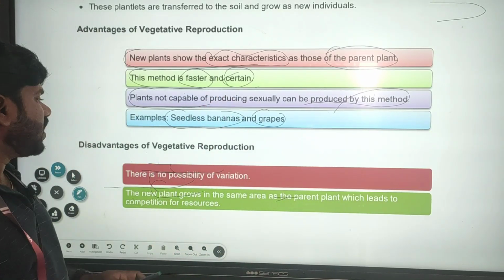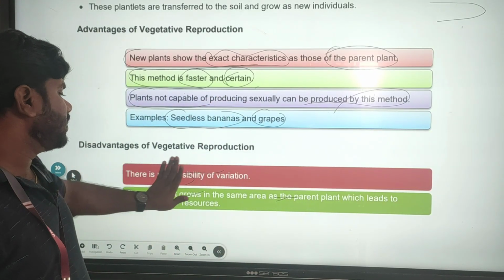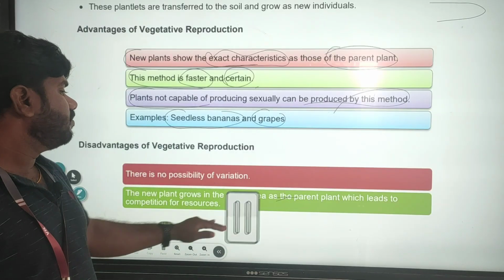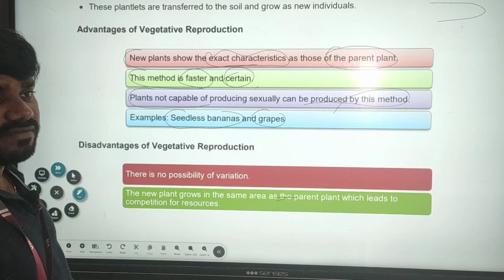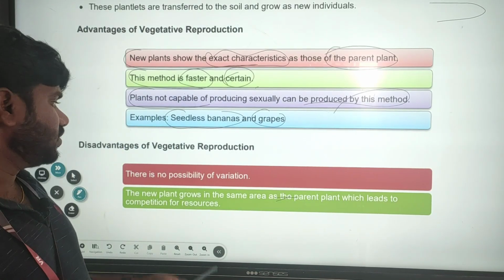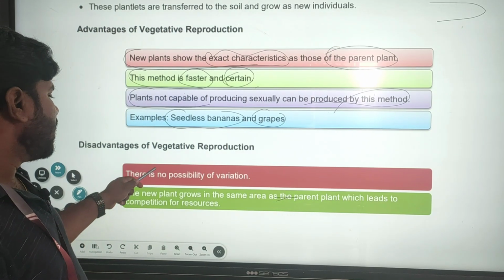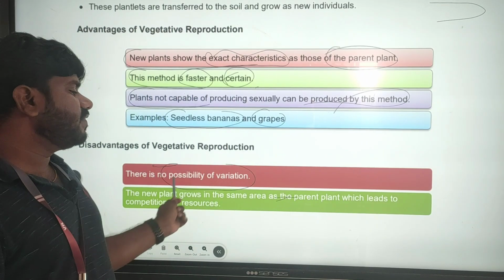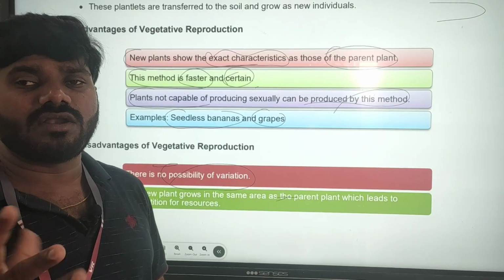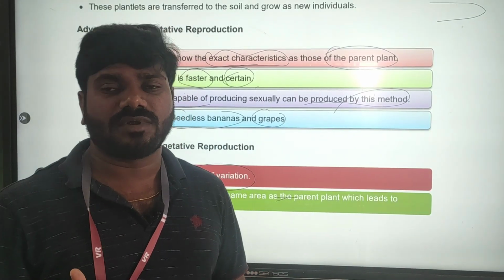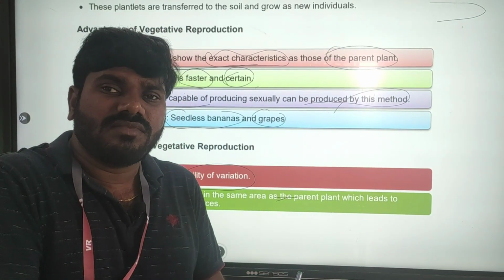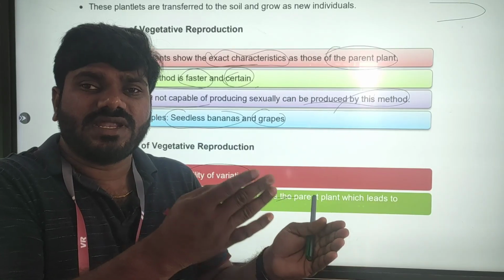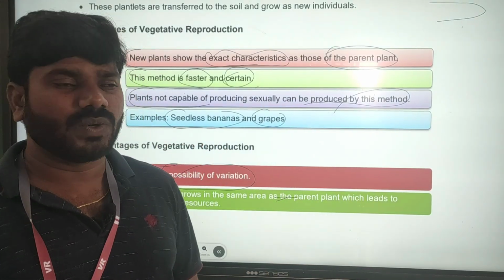Next, talking about the disadvantages of vegetative propagation. What are some disadvantages of vegetative reproduction? There is no possibility of variation; you cannot find differentiation in vegetative propagation. Same to same as the parent, the children are identical.